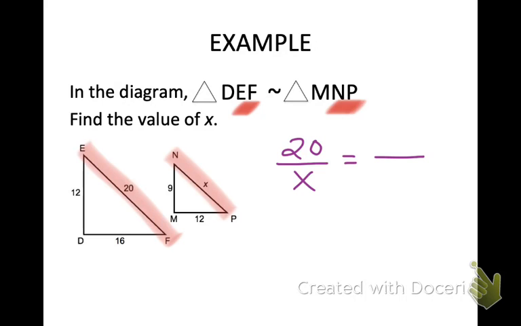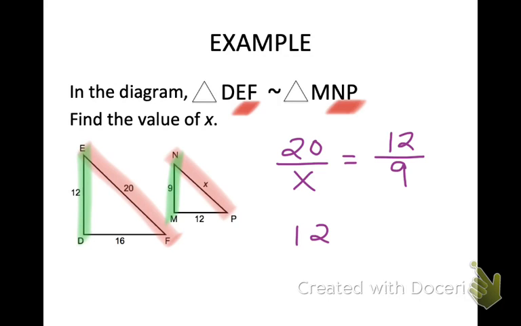But since I'm given all of them, it doesn't matter. So now I'm going to do 12 over 9 or 9 over 12? 12 over 9, because I went left to right, which means I have to go left to right on the other ratio. So 12 over 9.